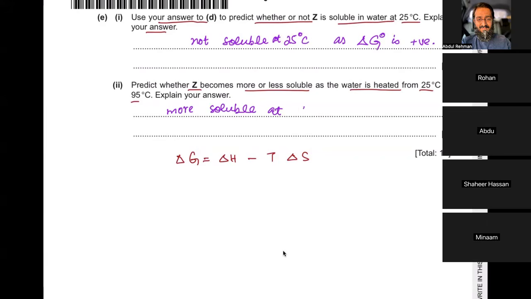At 95 degrees Celsius, as negative T delta S gets more negative and delta G decreases. So when it decreases, so it makes the solution more soluble. Okay.